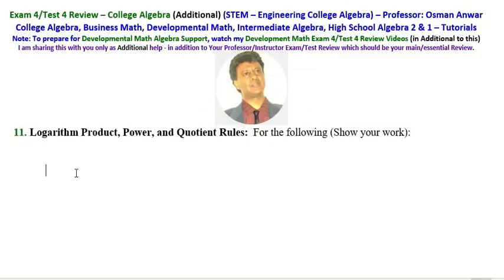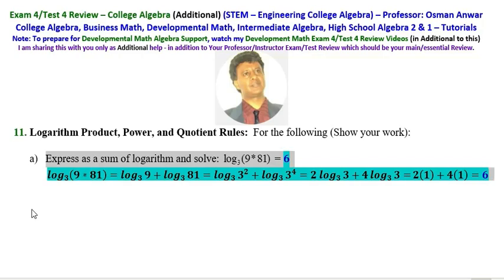Number 11 is logarithm properties, product, power, and quotient rules. For the following: A, express as a sum of logarithms and solve.